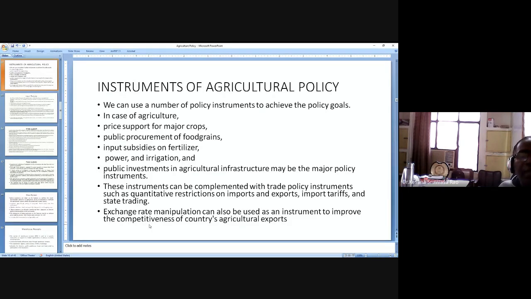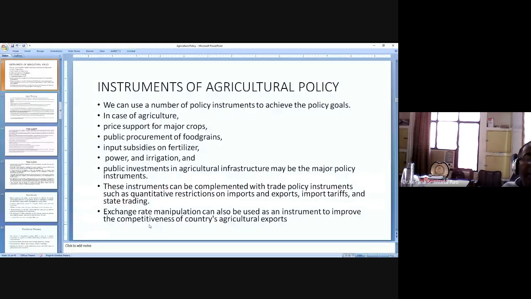In that way, the import and export restrictions have to be enhanced. Then import tariffs and state trading. These things can be perfectly monitored, and the policies can be framed according to the circumstances.